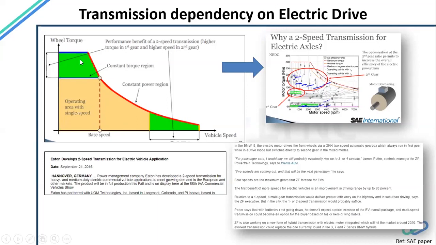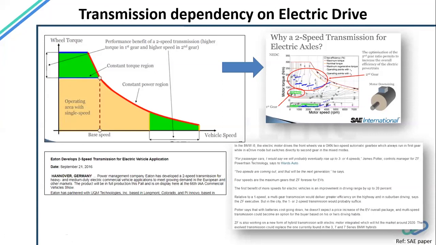So the gearing and the machine go hand in hand. What kind of ratios should we have there? Typically 9 or 10 are the typical ratios for the first gear, and then a second gear. There may be multiple gears, and there are a lot of discussions going on about multiple-gear transmission systems, which lower the size of the machine and give better performance.